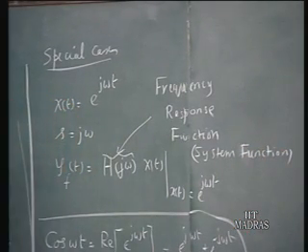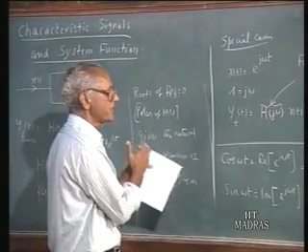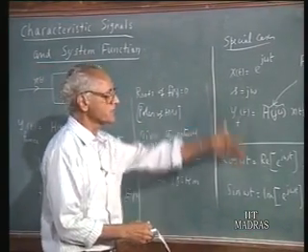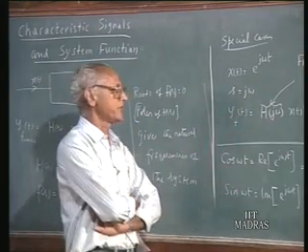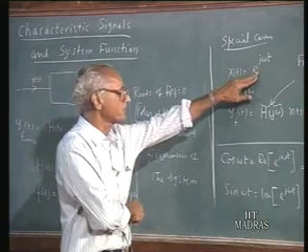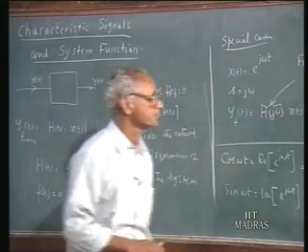So H of j omega is regarded as the system function or the frequency response function. This is a special case of H of s when s is equal to j omega, and this becomes very important when we analyze any system on the basis of sinusoidal inputs, because e to the power of j omega t is as good as cos omega t or sin omega t as far as analysis is concerned.